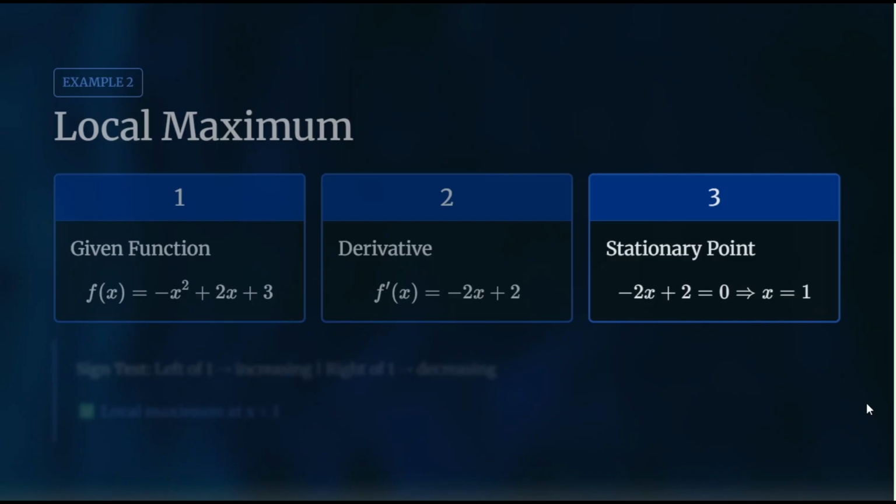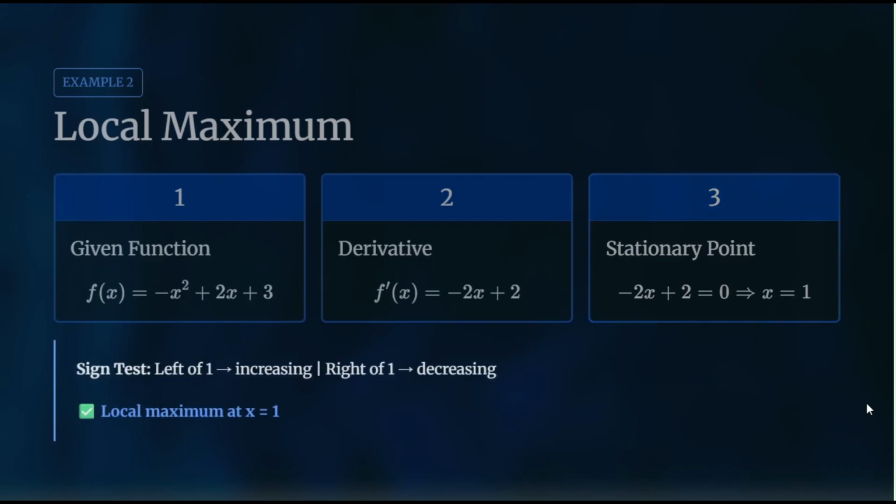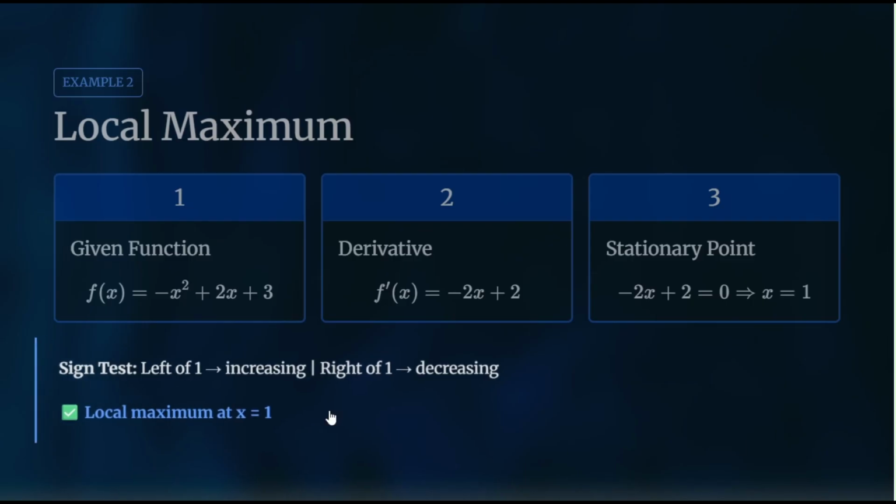So now we can test two intervals, from negative infinity to 1 and from 1 to positive infinity. If you pick any point on the first interval from negative infinity to 1, you'll find that the derivative is positive, meaning the function is increasing on that interval. And if you pick any point from 1 to positive infinity, on that interval, you'll see that the derivative is negative, meaning the function is decreasing.